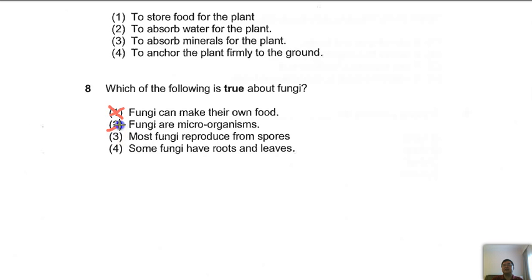Not all fungi, so this is not true. Most fungi reproduce from spores. That would likely be it. Some fungi have roots and leaves. That is totally wrong. So this is the best choice: most fungi reproduce from spores. Let us continue.